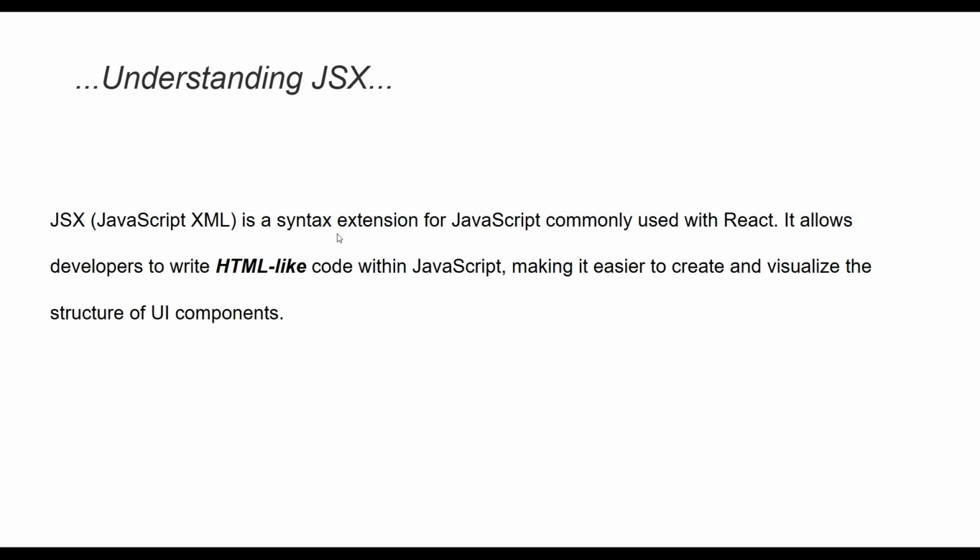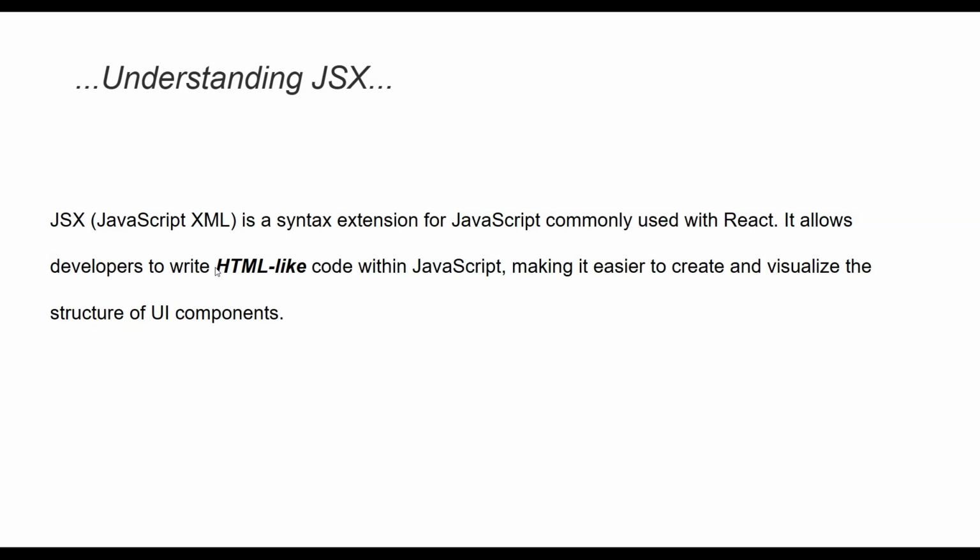It's a syntax extension for JavaScript commonly used with React. It allows developers to write HTML-like code, code that looks like HTML, within JavaScript, making it easier to create and visualize the structure of our UI components.